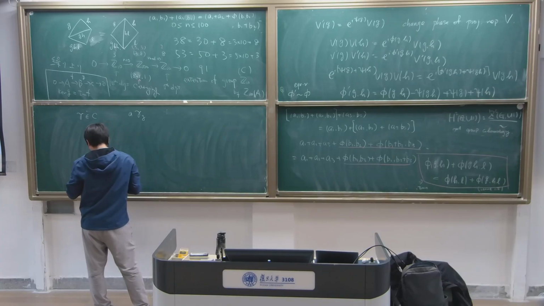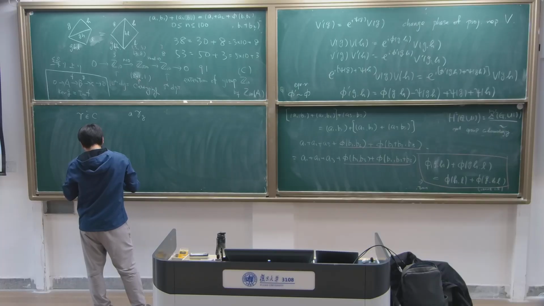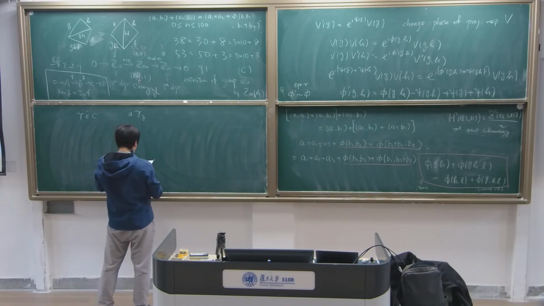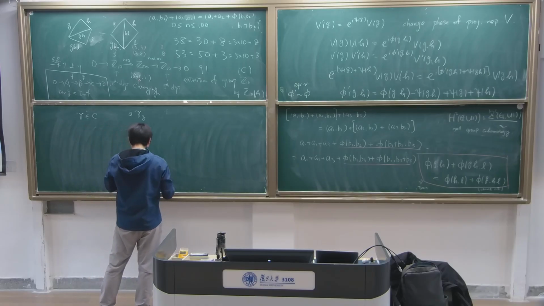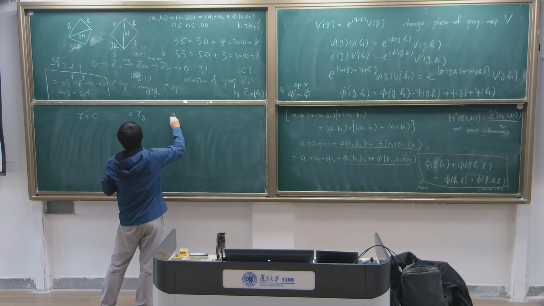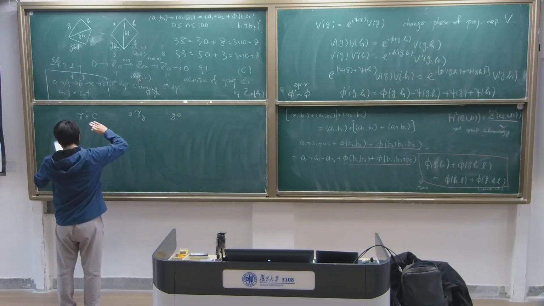What's the best way to explain that? G is inside A. Sorry. I think I'm doing something stupid.